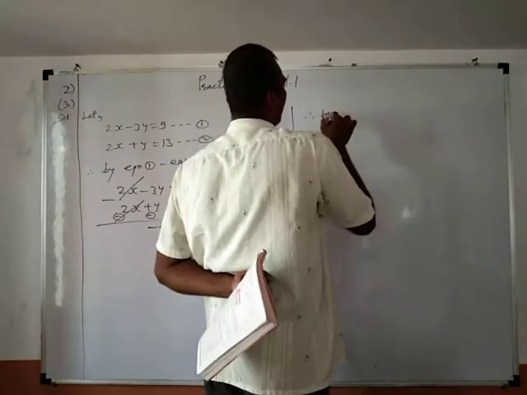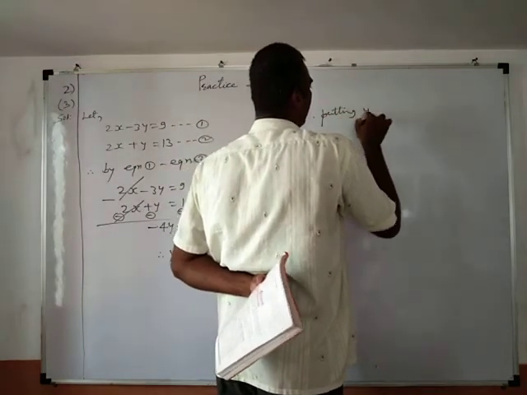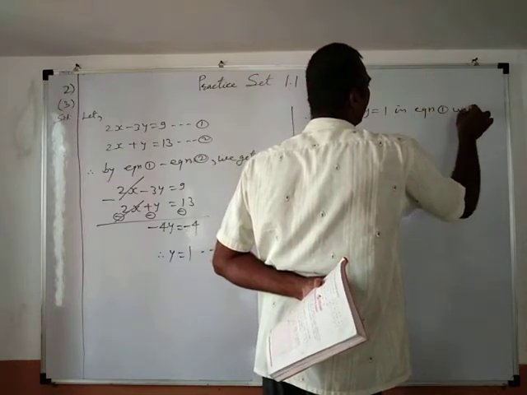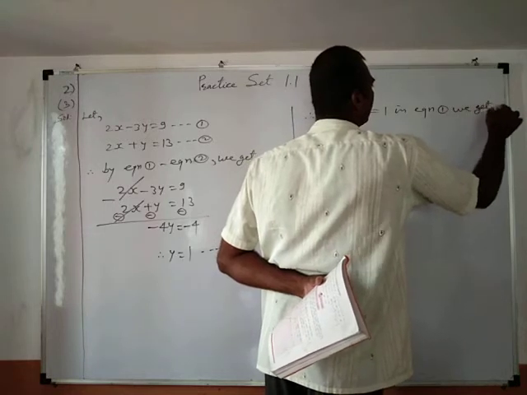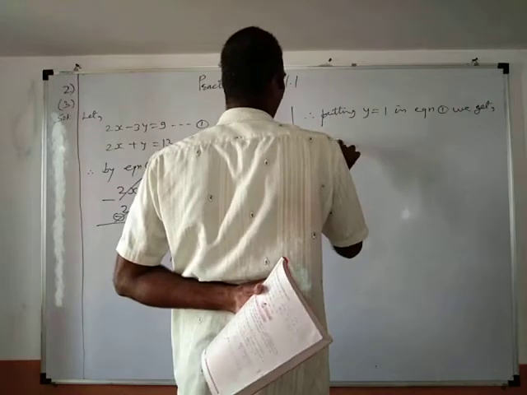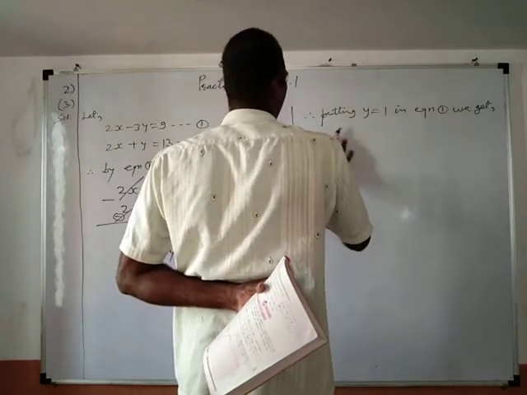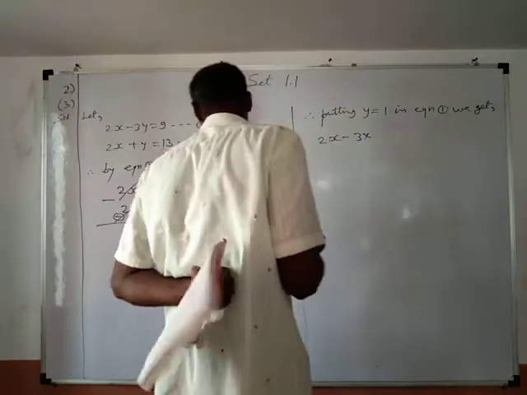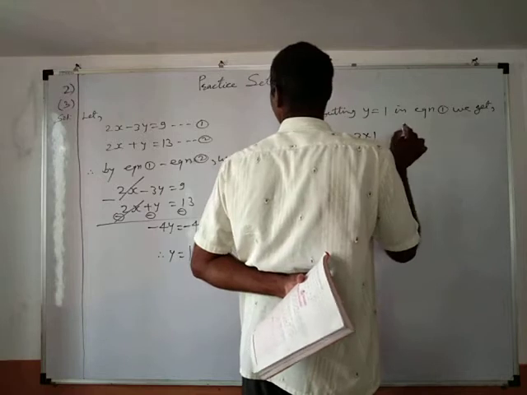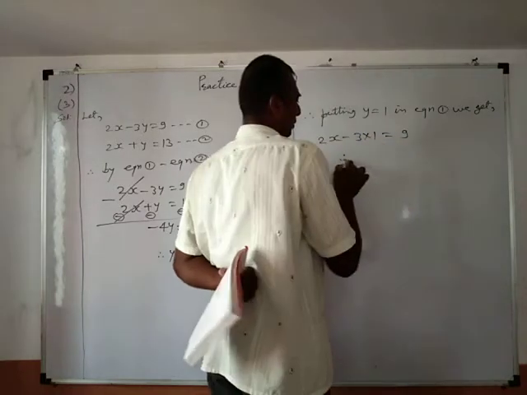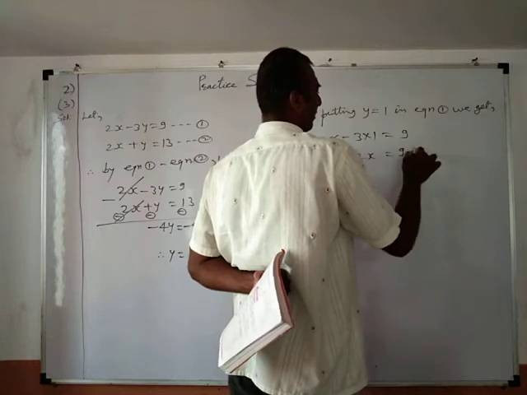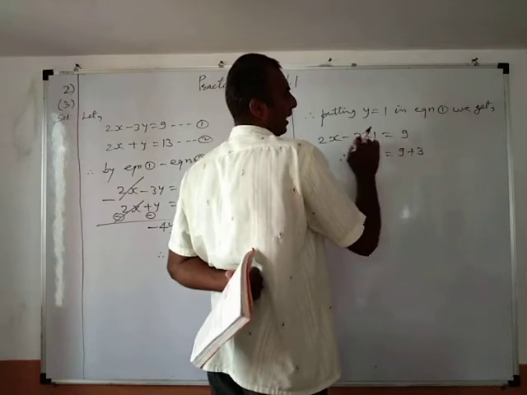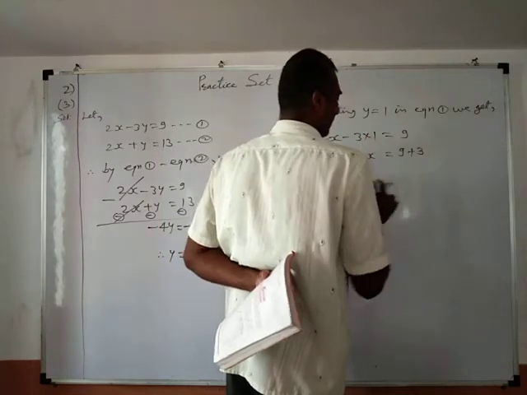And therefore putting this y equal to 1 in equation 1, we get, let's see what we get. We get 2 into x, means 2x minus 3 into y. 3 into y means 3 into 1 here equal to 9, and therefore 2x equals 9 plus 3, because on the left it will be minus 3, and on transfer from left to right it gives us plus 3.